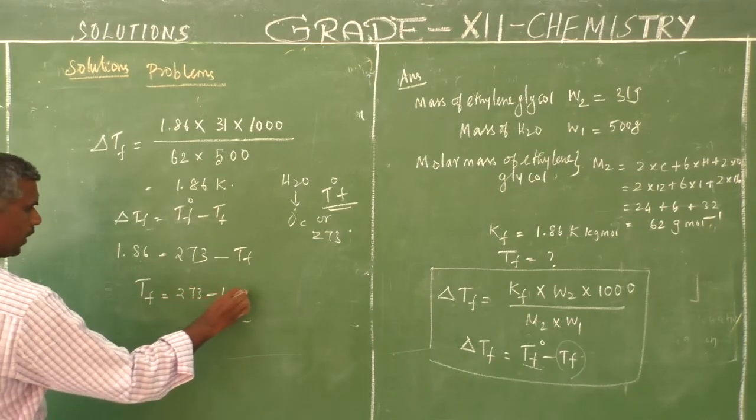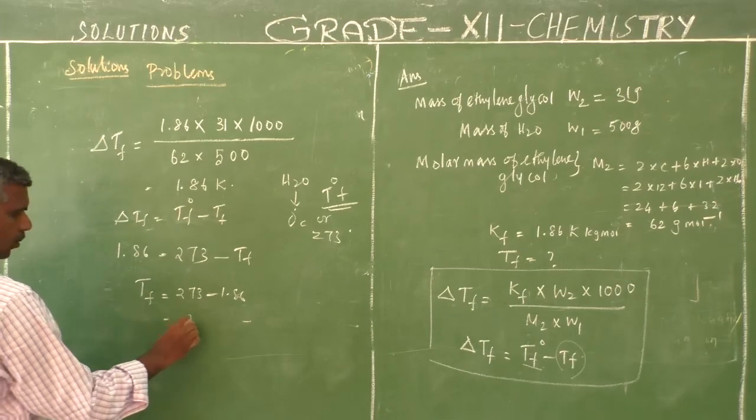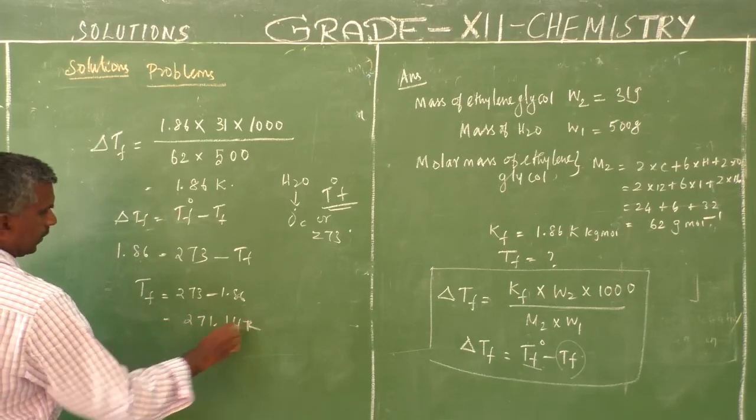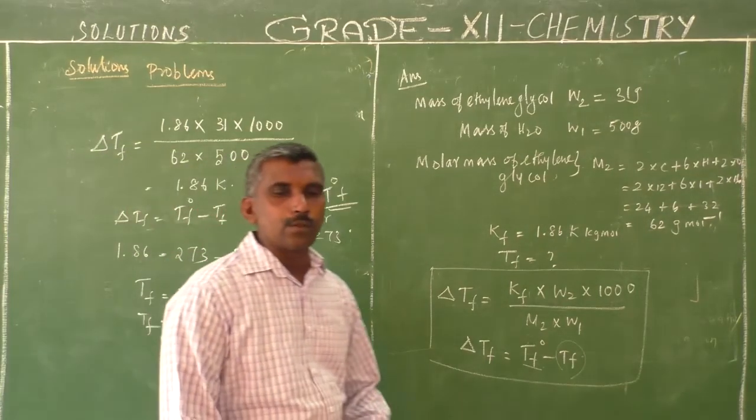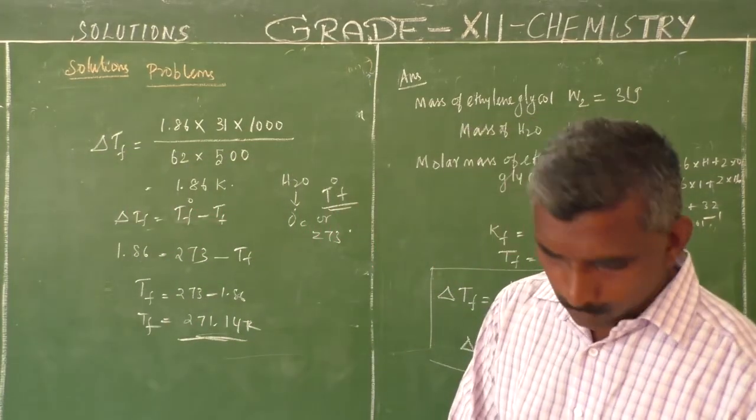Tf is 273 minus 1.86, which is 271.14 Kelvin. This is the freezing point of the solution.